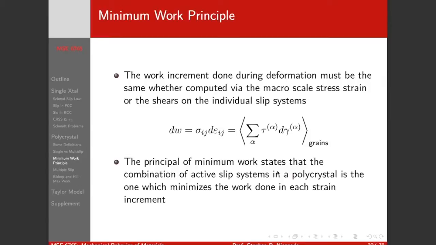The minimum work principle says that whether I compute the work done in deforming my polycrystal from the macroscopic stress and strain, force times distance, I've put this much force on my sample, it deformed this much, or if I compute the shears on all the individual slip systems in my polycrystal, that has to be the same.